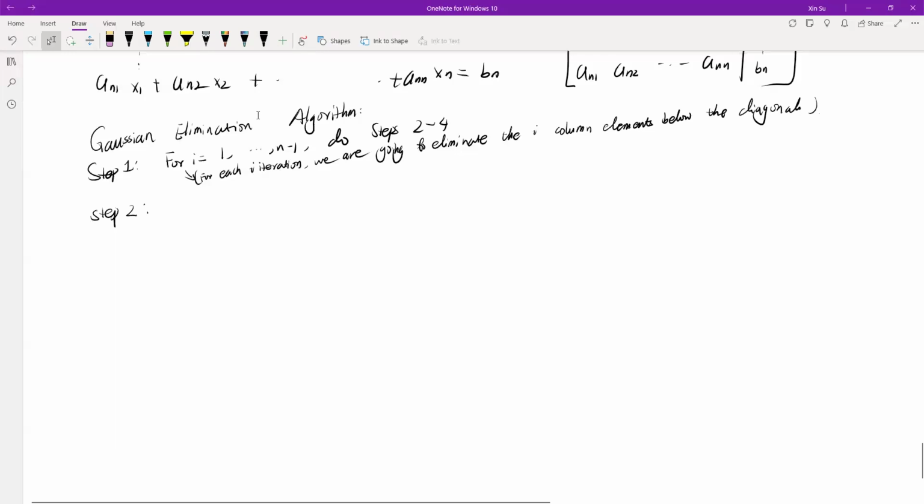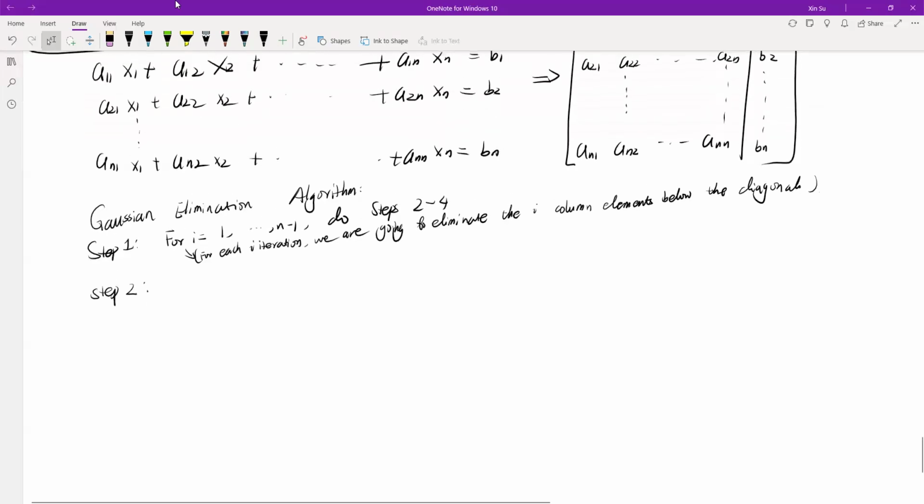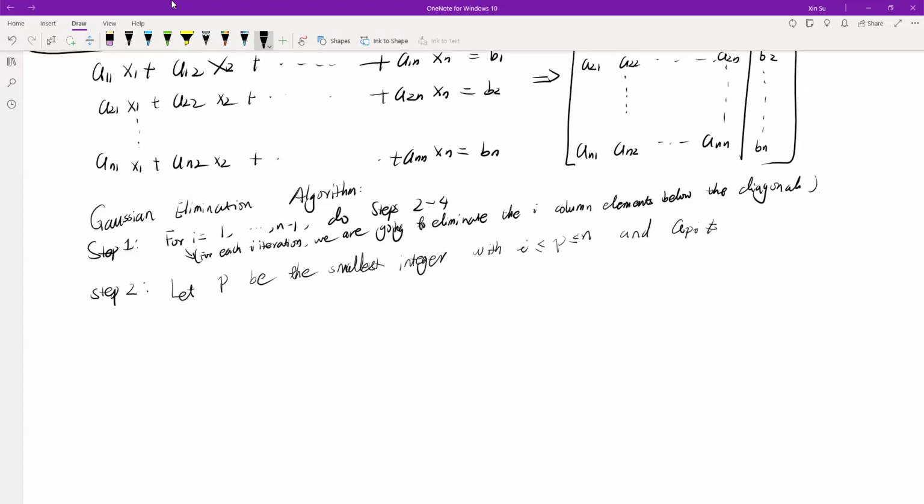In step 2, we are going to choose the smallest integer P, with I smaller than or equal to P and P smaller than or equal to N, such that A_PI is not equal to 0.